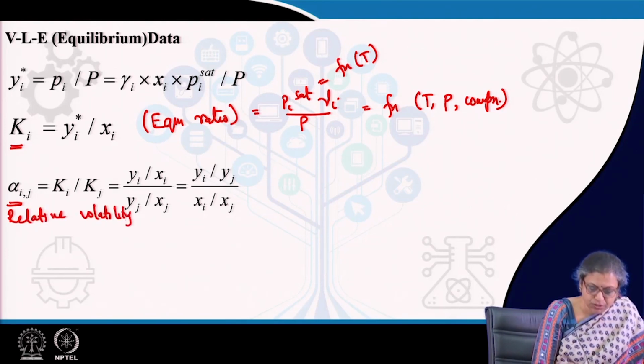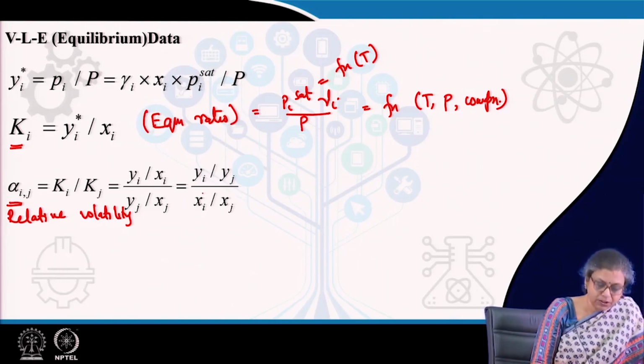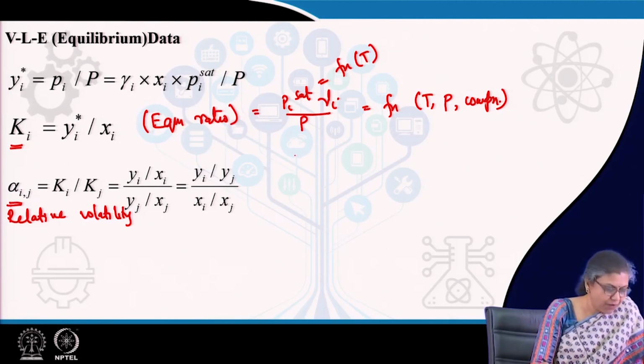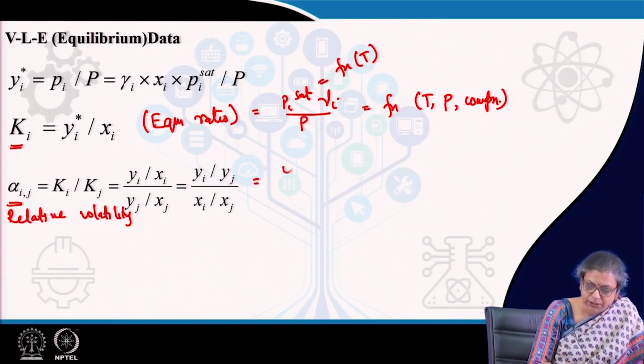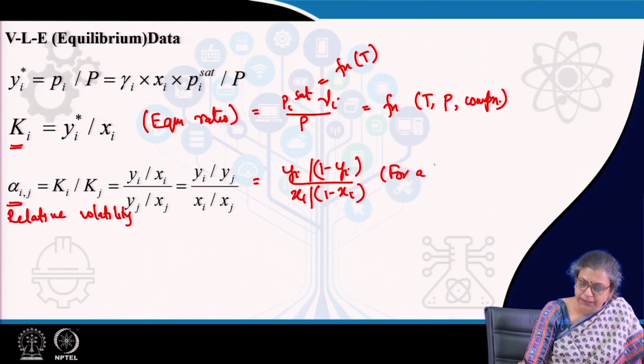It simply shows the ease of separation of the two components, and very frequently the equilibrium data are expressed in terms of alpha_ij, right. And once alpha_ij is given, for a binary mixture y_j is equal to 1 minus y_i, and x_j is equal to 1 minus x_i.